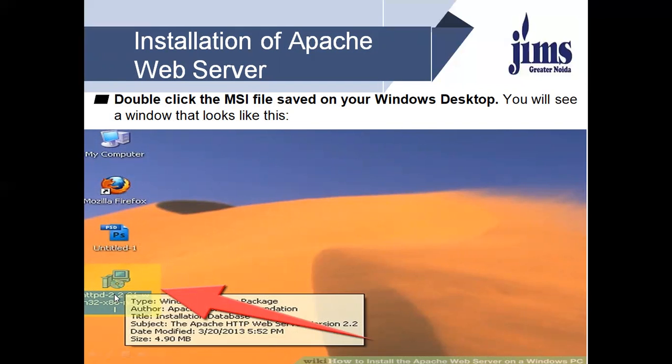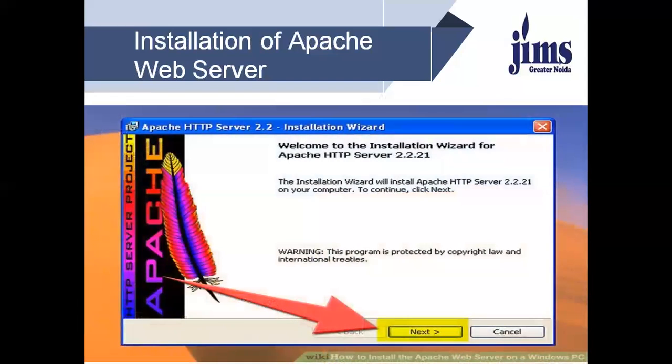Here you have to click this file that is saved on your desktop, and when you click on this file, the window will look like this. This dialog box will appear: Welcome to the installation wizard for Apache HTTP server.